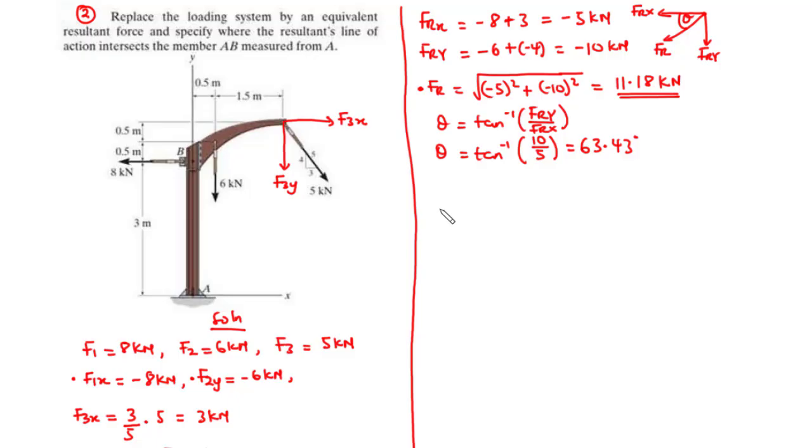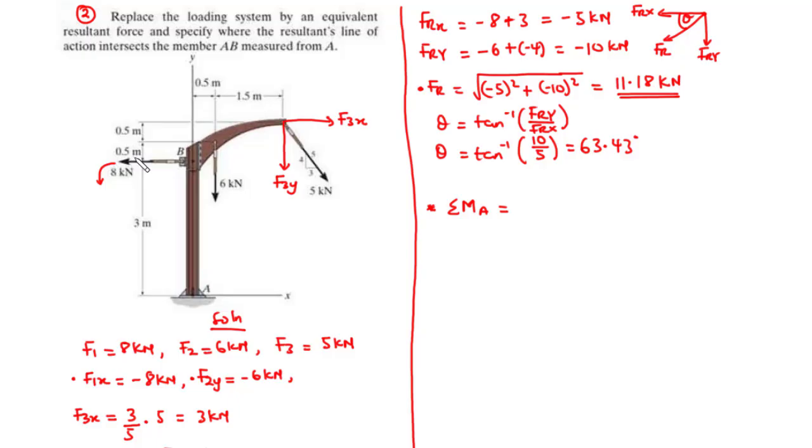So first of all, let's find the moments of all the individual forces about A and then sum them up. So that is giving us summation of MA, and that is equal to, now we are going to consider the forces 8 kilonewtons, 6 kilonewtons, F3y, and then F3x. So taking the moment of 8 kilonewtons about A, we have the perpendicular distance to be 3 meters, and it is moving in the anticlockwise direction.